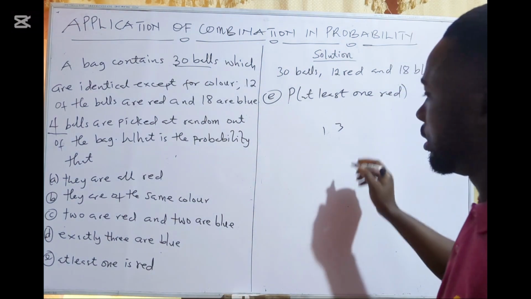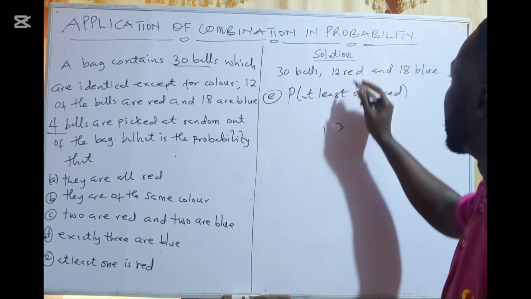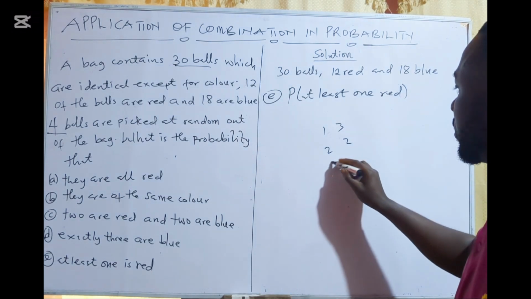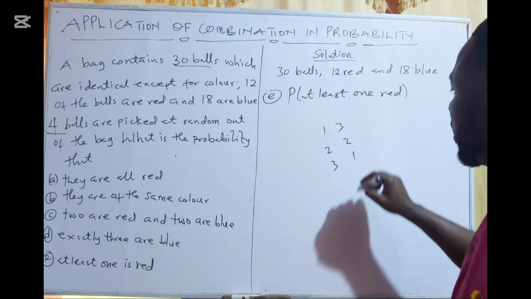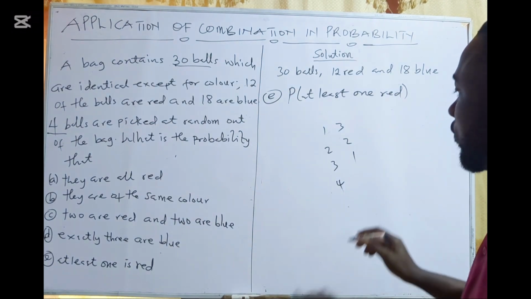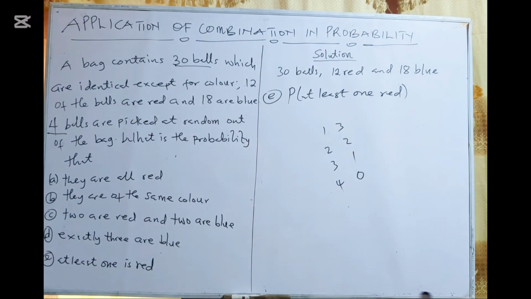Or it can happen that the red are 2 and blue 2. Or red are 3 and blue 1. Or all the 4 selections are red and blue is 0. So this is what we can have, all the possible outcomes.